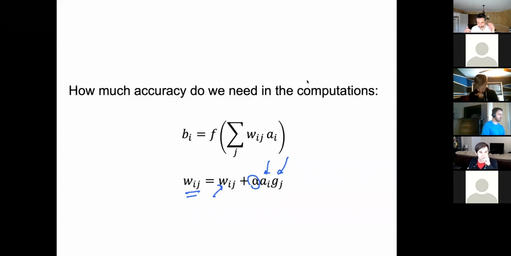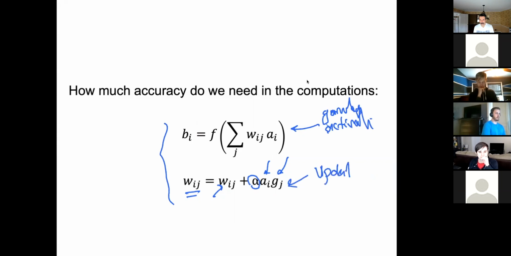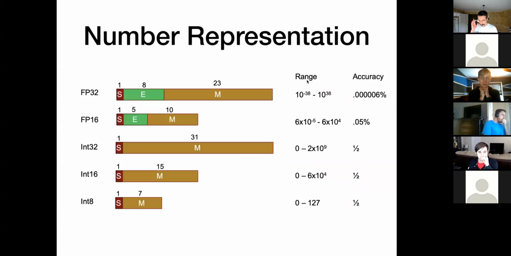So this is for generating the activation, and this is for updating the weights. These are essentially the computations that we need for such a network.